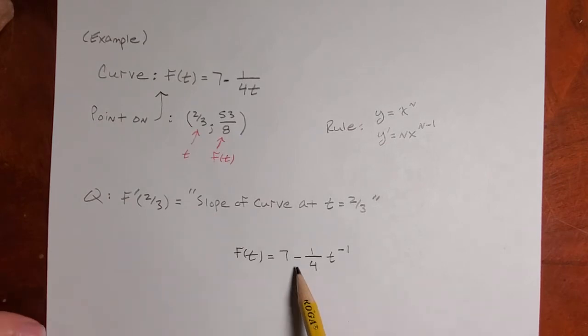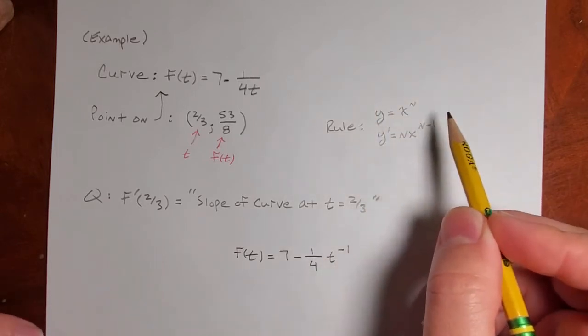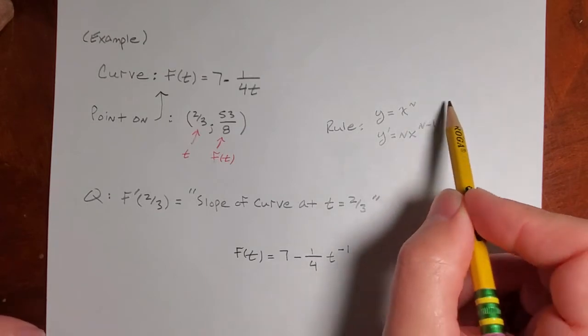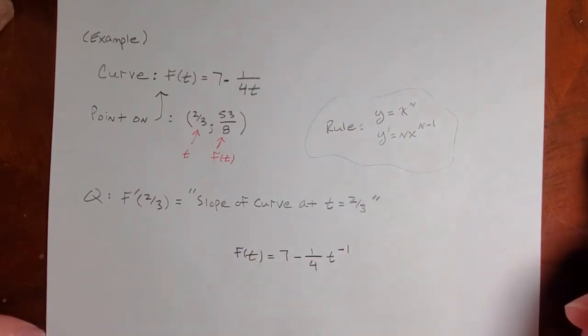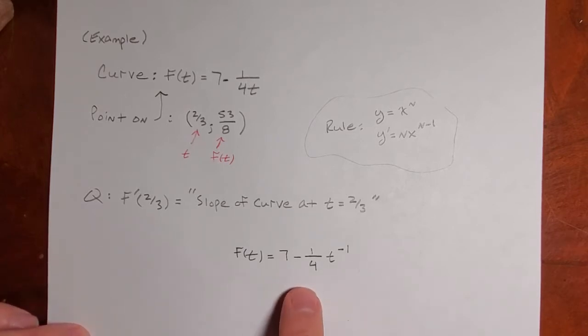It's 7 minus the number 1/4 times t to the power -1. And that's like how I needed it. Now, there are other rules besides this one. There are rules about what does this constant play into the procedure, and what about that constant? But we'll talk about it. I have it the way that I need for the most part.